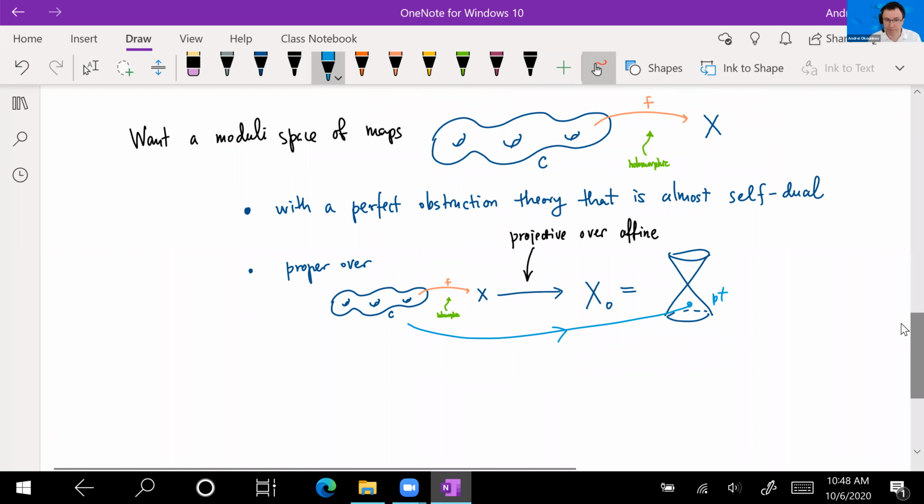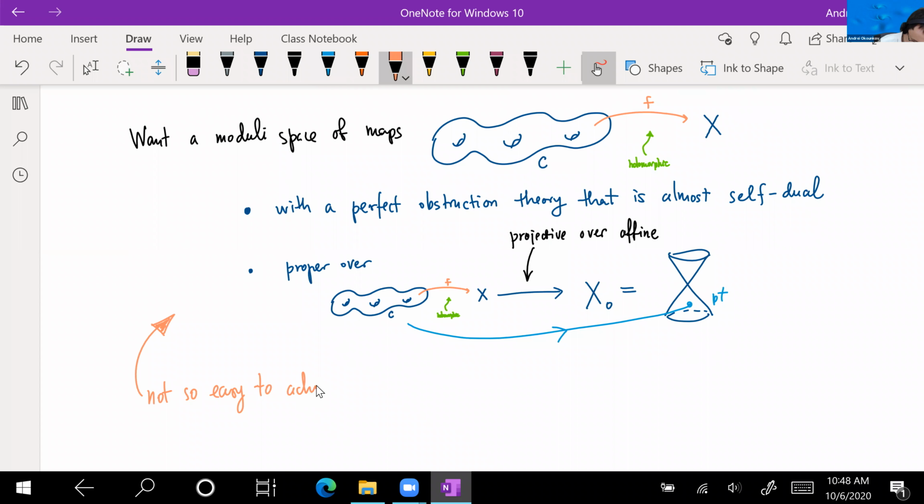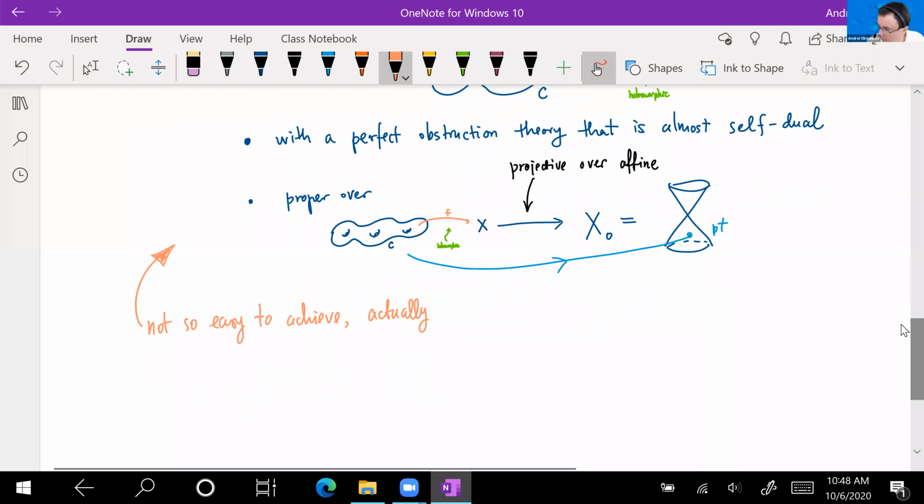And the important observation is that both of these are not so easy to achieve. Why is that?